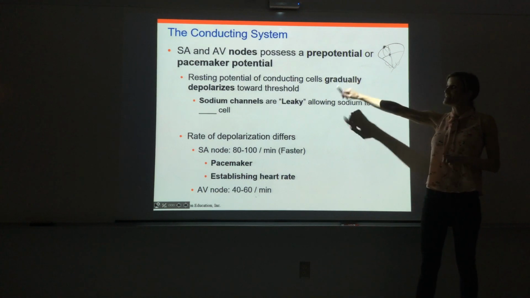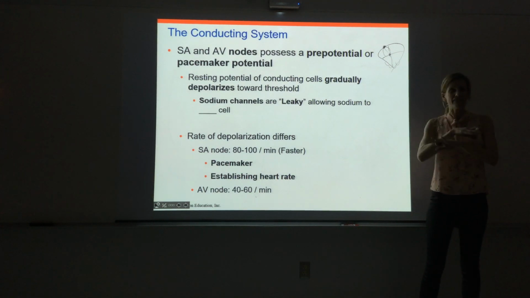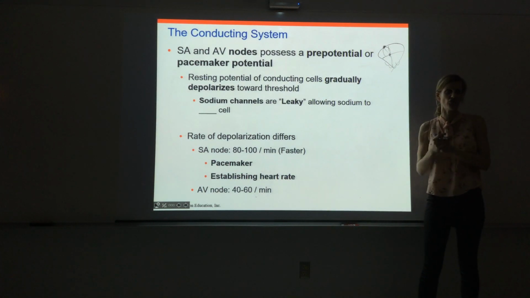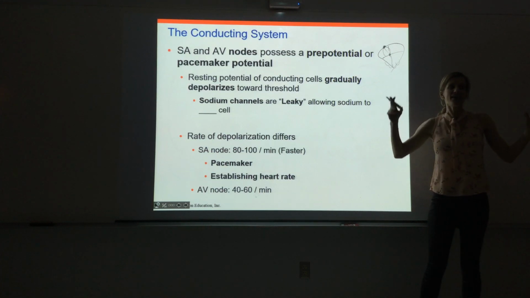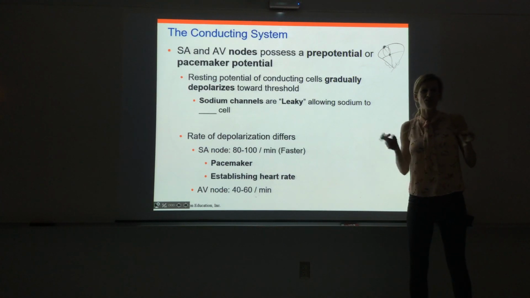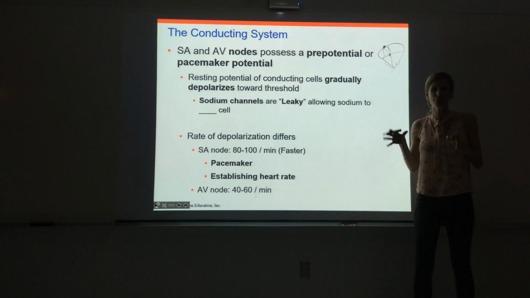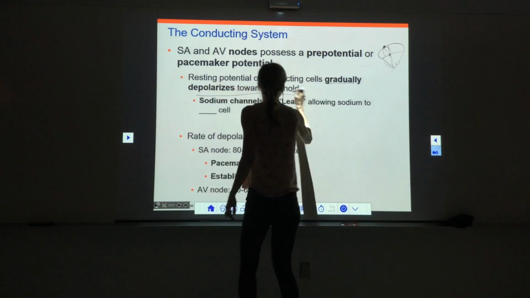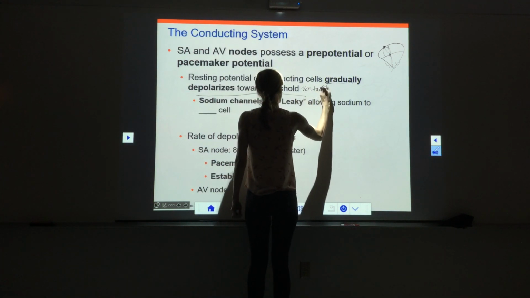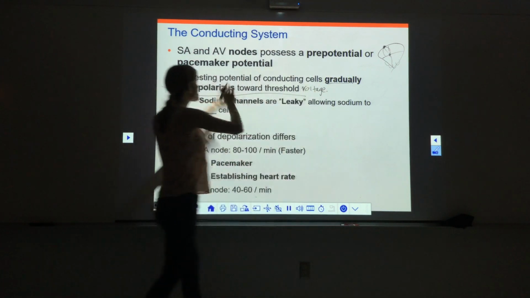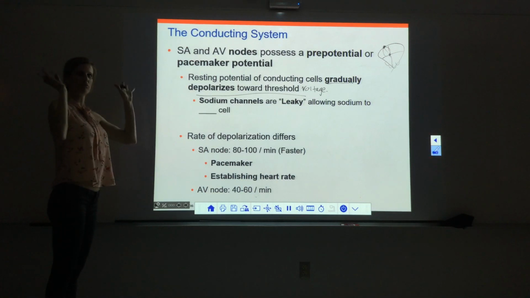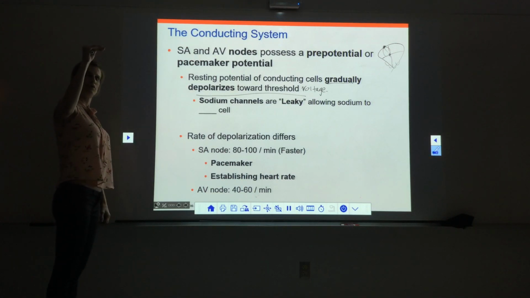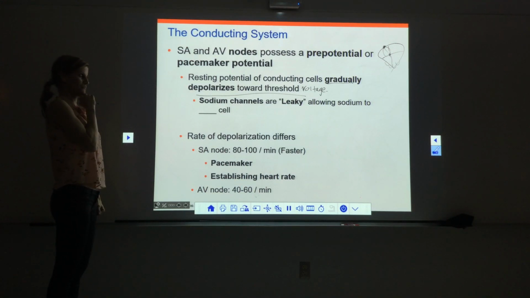The cells at the SA node and AV node do not. Without any stimulus coming in, without opening any channels, they gradually depolarize towards their threshold voltage. At rest, they just creep up towards threshold.